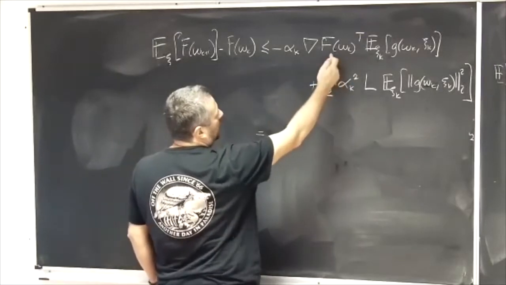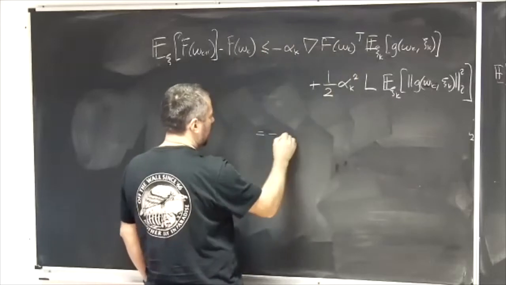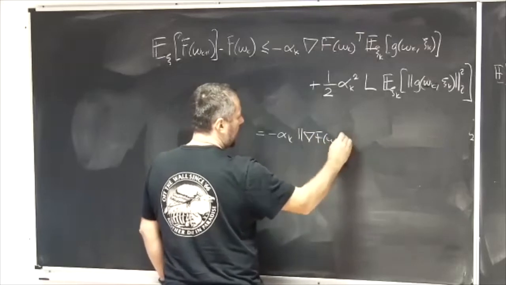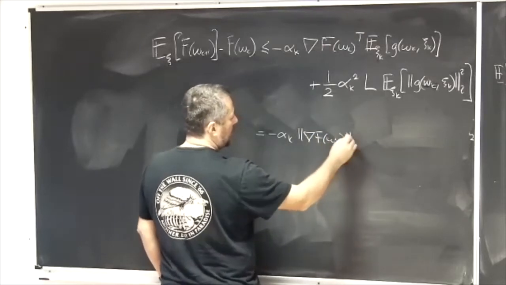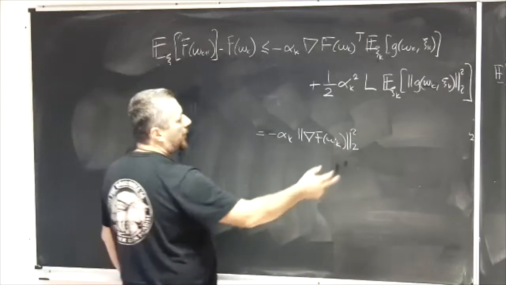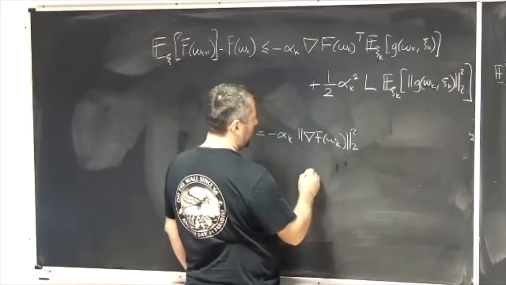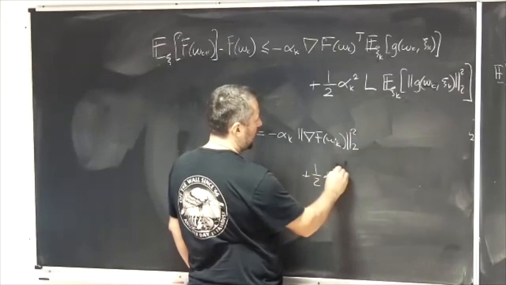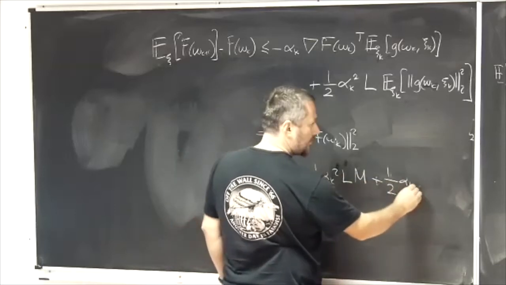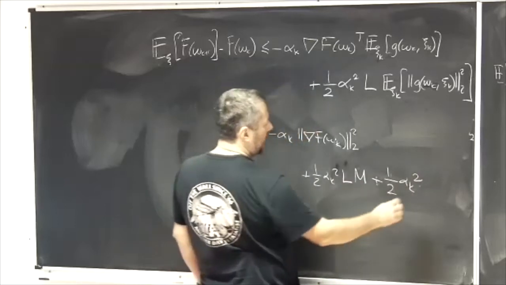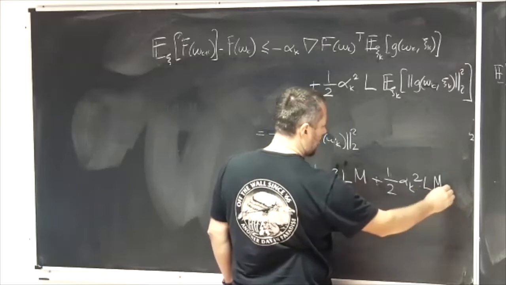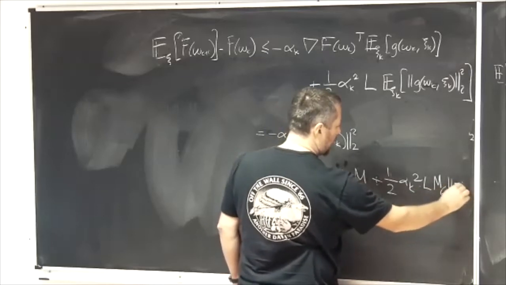So the expected value of this expression here is just the gradient of f. So if you take the inner product with the gradient of f itself, this is just alpha k times the norm of the gradient of f squared. All right, for the second term, we gave a bound on this. And if you put that bound, you have this expression plus L times mg times the norm of the gradient squared.